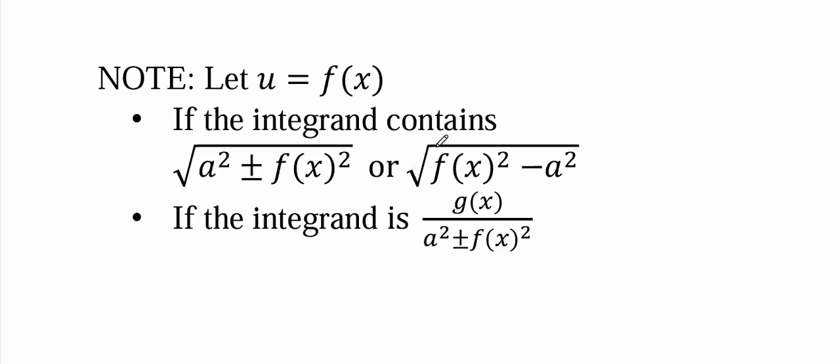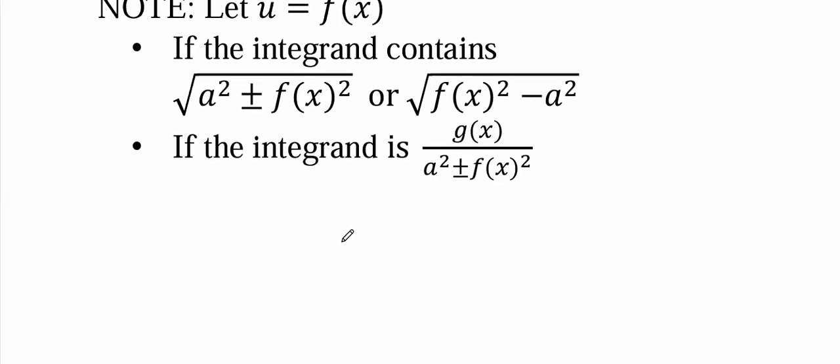Square root of difference of two squares, so dito, we have difference, pero nauna yung constant. Dito, nauna yung non-constant. Or if the integrand is a quotient, at yung denominator natin ay sum or difference of two squares. So, kailan ko magagamit yung mga formulas? Pag meron akong sum or difference of two squares. Okay? So, let us look at the following.